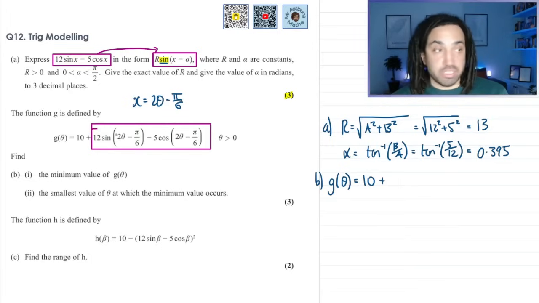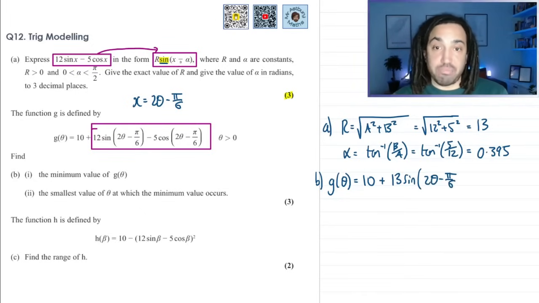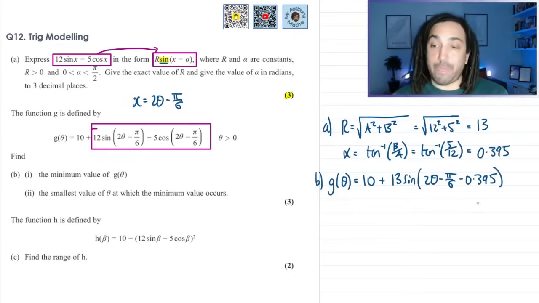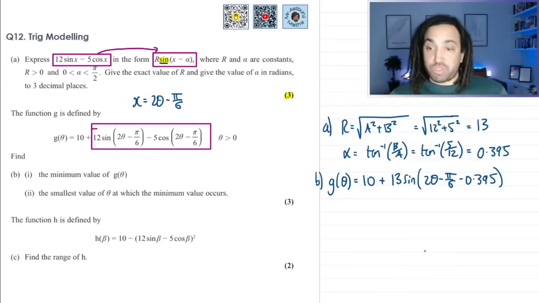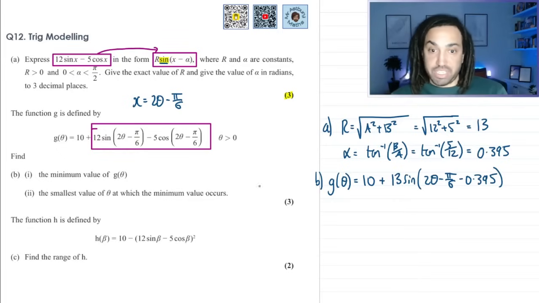And then this box here is the same as this box, as long as x is equal to this, which is the same as this, which is 13, because r is 13, sine of x, but we're saying that x is equal to this, so 2 theta minus pi over 6, and then minus alpha, which we said was 0.395. So there we go. Now we've got g of theta in a nice new format, which is going to make it easier for us to find the minimums, the maximums, or whatever.